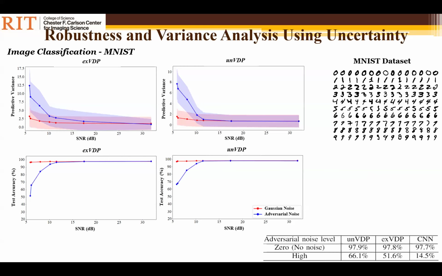So the network without uncertainty quantification performed at the level of random guess, versus the Bayesian model with uncertainty quantification. It's still able to recognize the digits, and even when the accuracy drops at some point, the variance for that model becomes significantly higher.